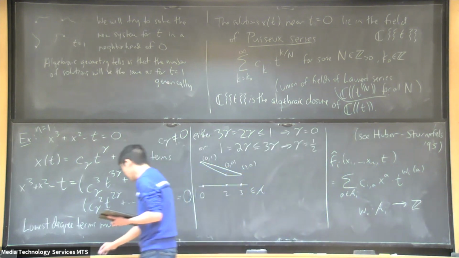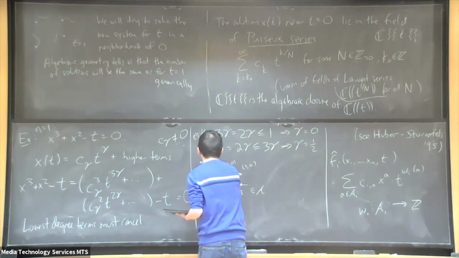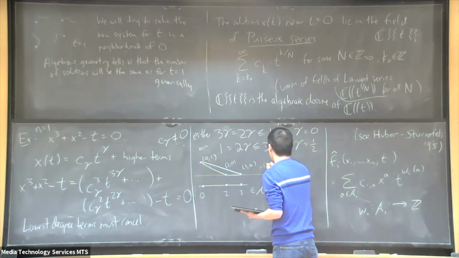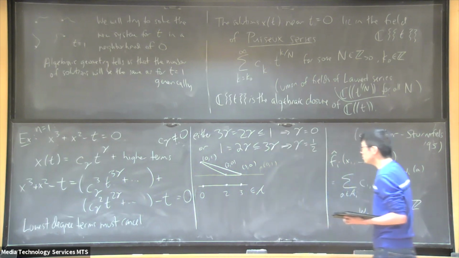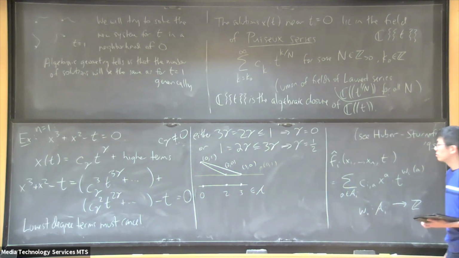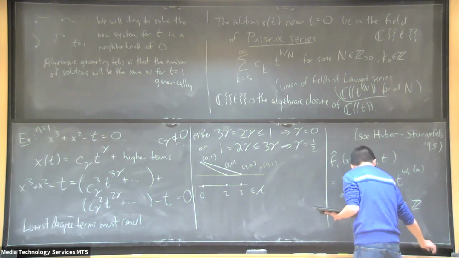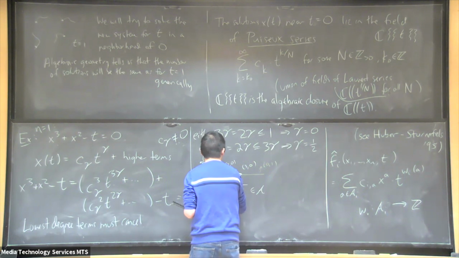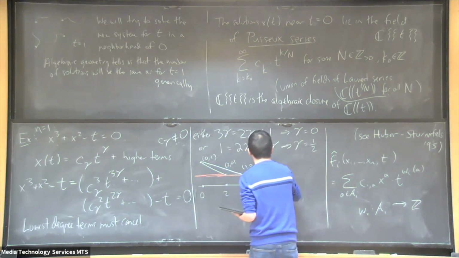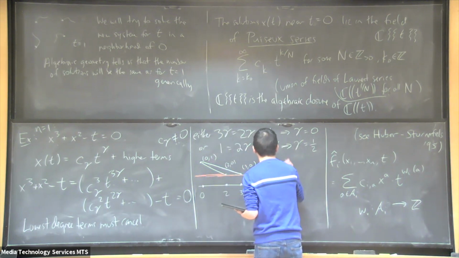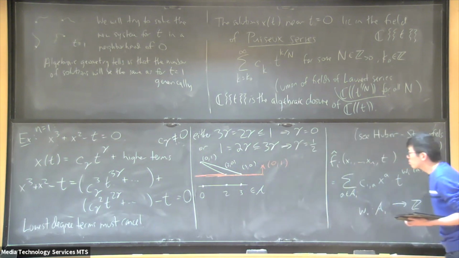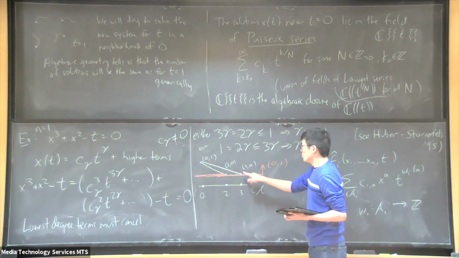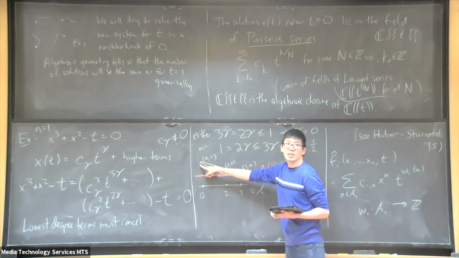If I take this line, the direction 0, 1, then this linear functional is minimized on these 2 points, and this value is larger.